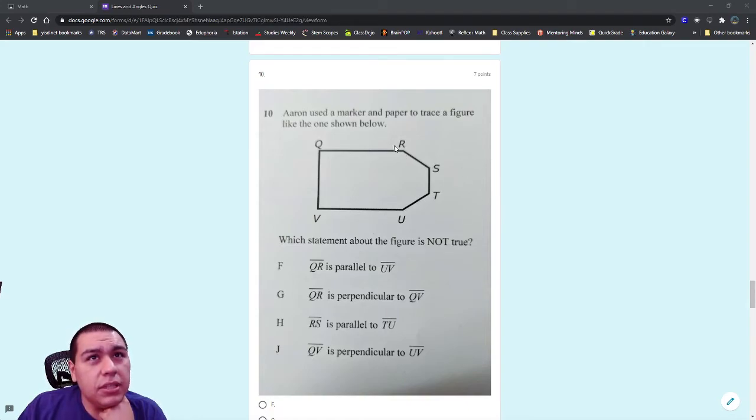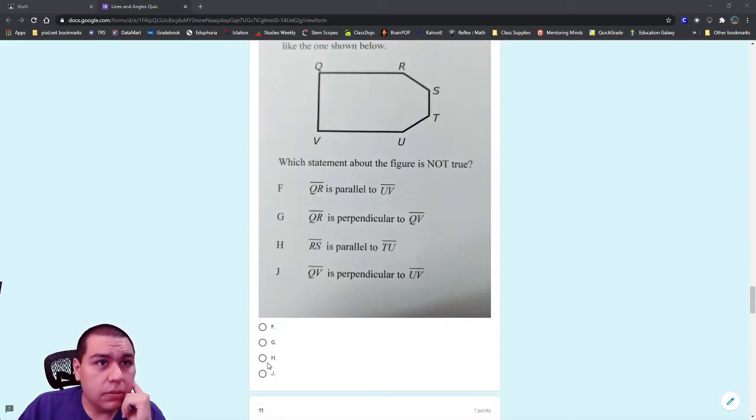What's going to happen to line RS and line TU if they stretch just a little bit further? They're going to touch over here, right? And parallel lines cannot ever, ever touch. So that's false. That's my answer. Those two lines are not parallel.